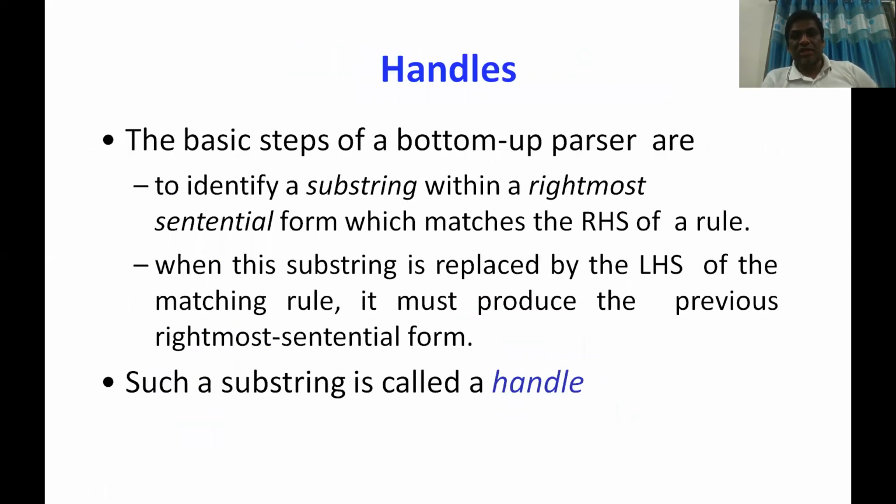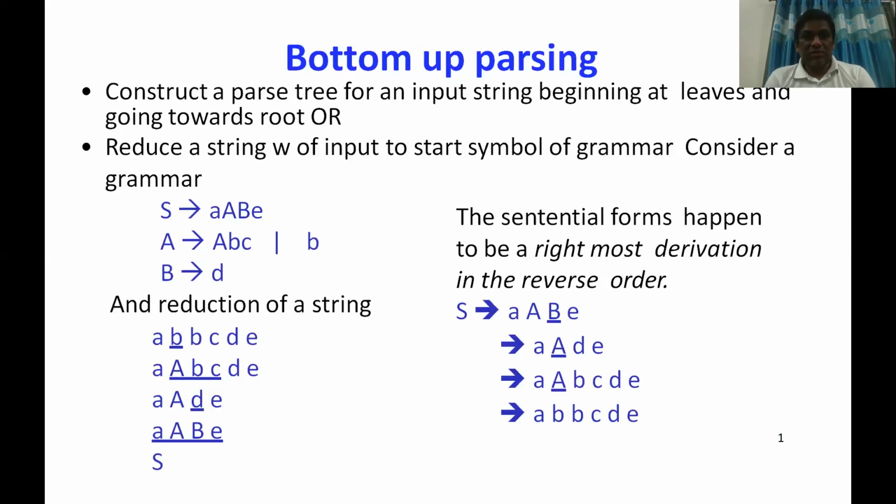So you must understand this word handle, because you are always going to replace a part of a string with its corresponding variable on the LHS. For example, here small b is replaced by capital A because A derives small b.